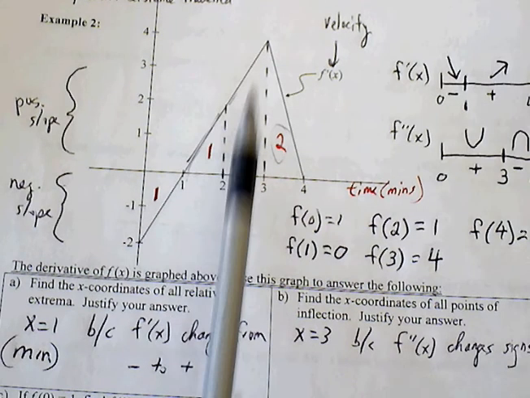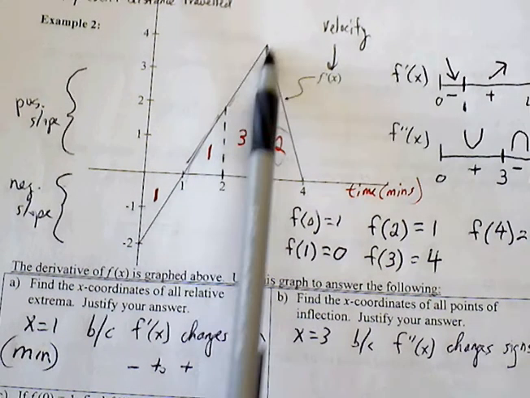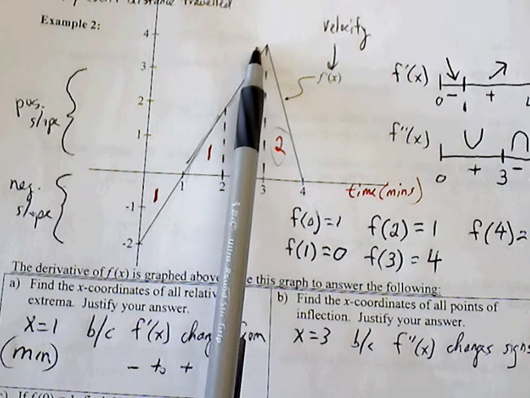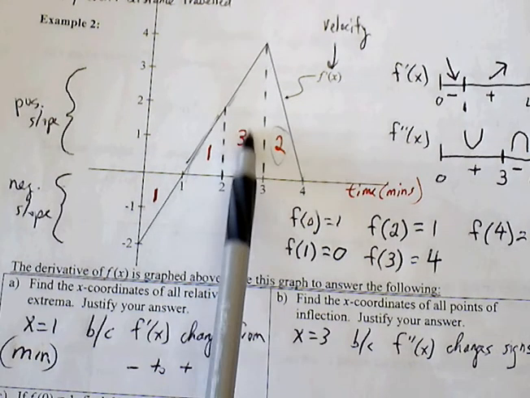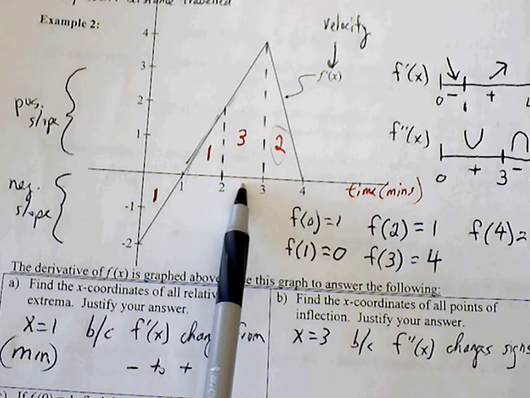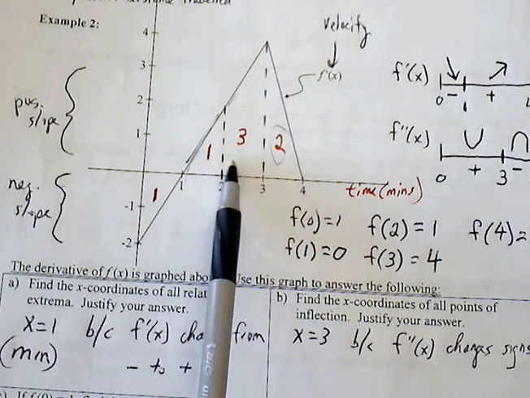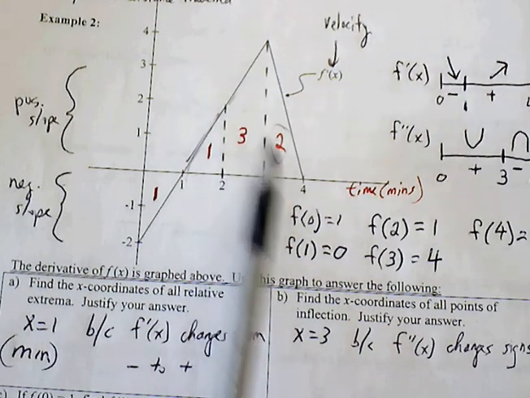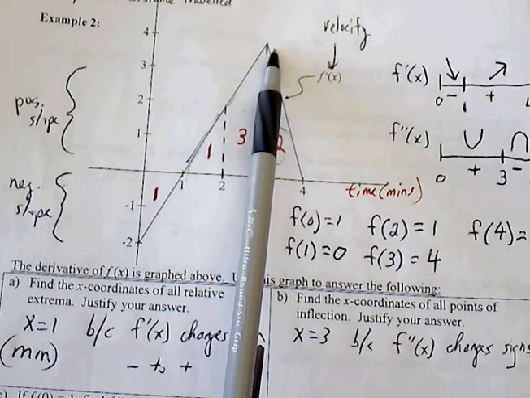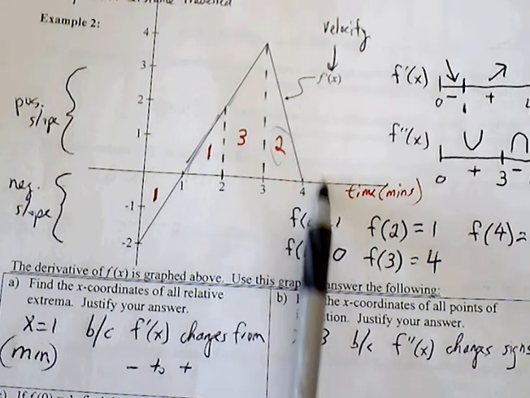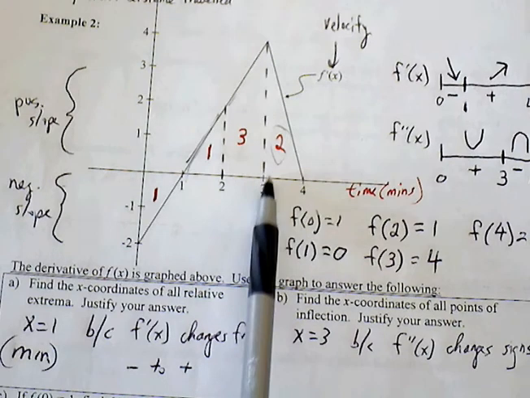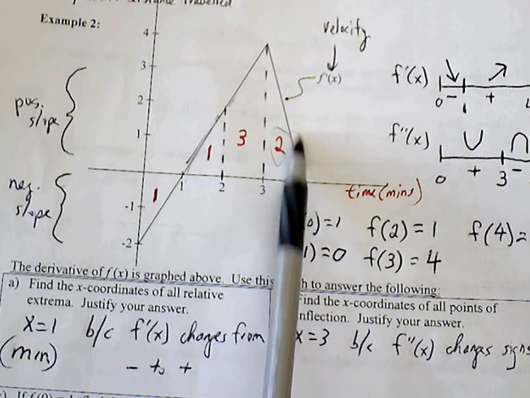But from 2 to 3, he's going to cover 3 miles because he keeps accelerating. So he's moving at a faster and faster velocity, allowing him to cover more distance in the same amount of time. But after the 3rd minute, he's still moving in the positive direction, but this car is decelerating. So over the same period of time, it's not going to cover as much ground.